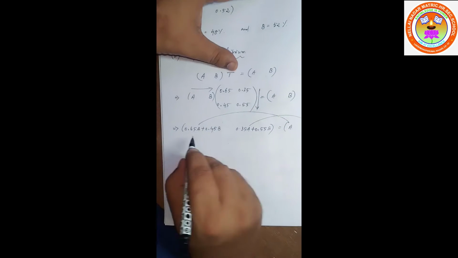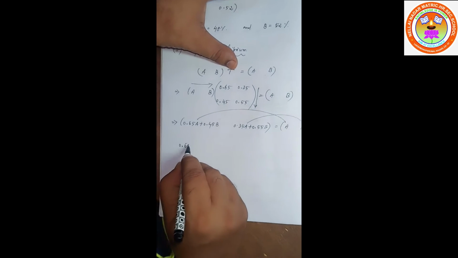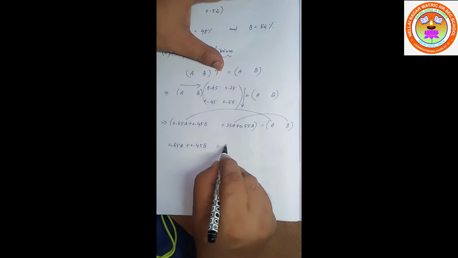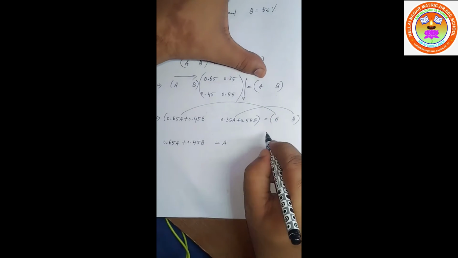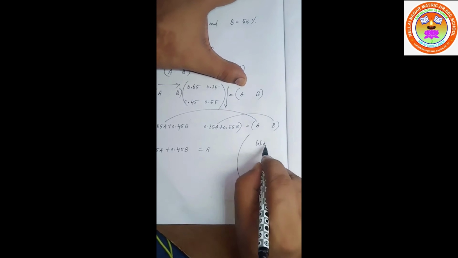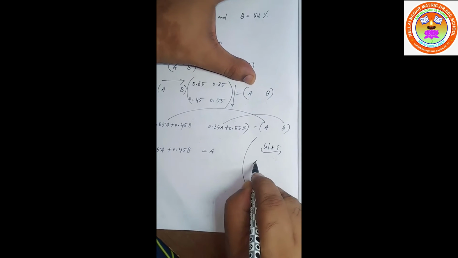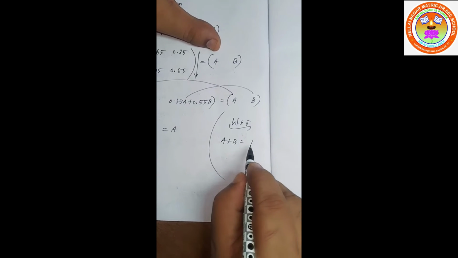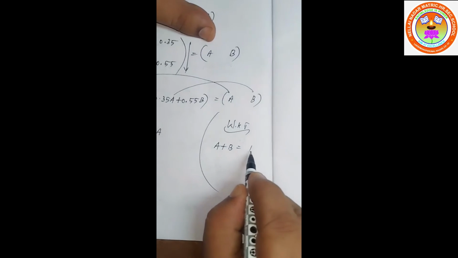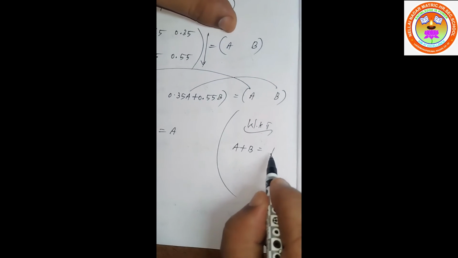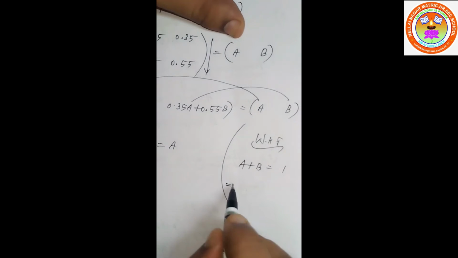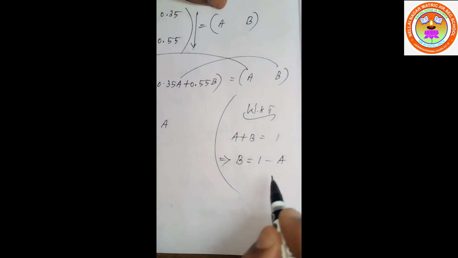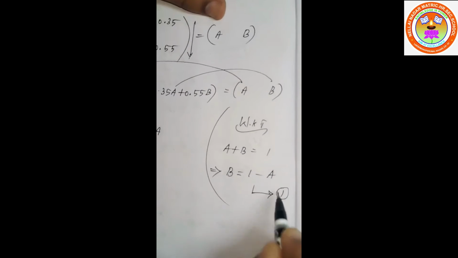Consider any one of them. I consider 0.65A plus 0.45B, that is equal to A. We know that A plus B is equal to 1, that is 100%. The 100% can be replaced by 100 by 100, that is equal to 1, which implies B is equal to 1 minus A. Let it be number 1.